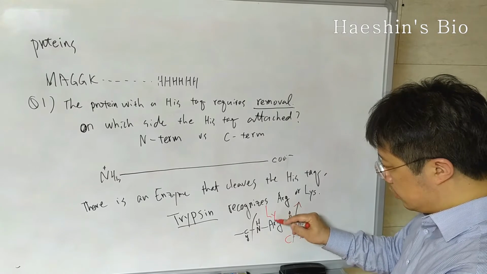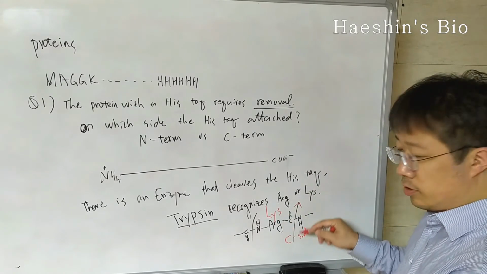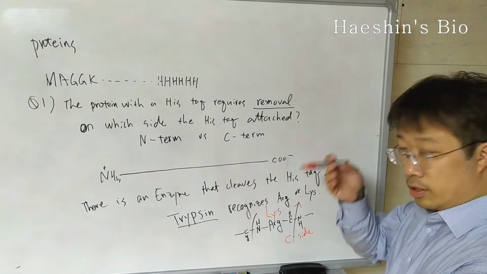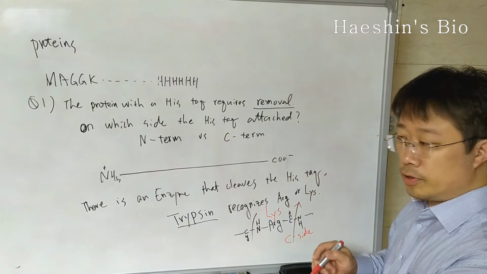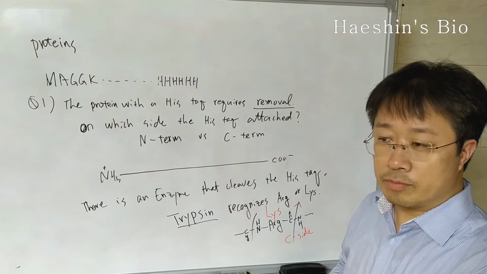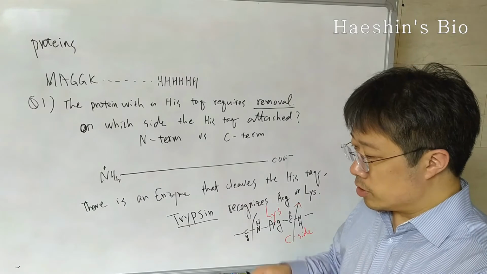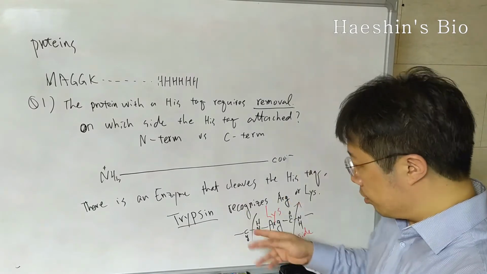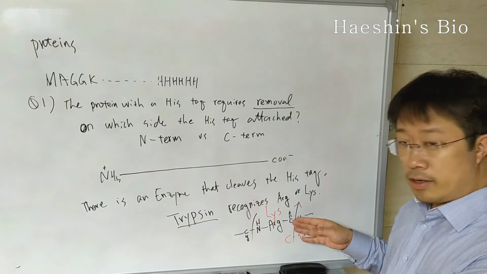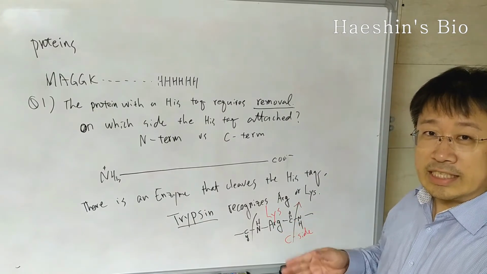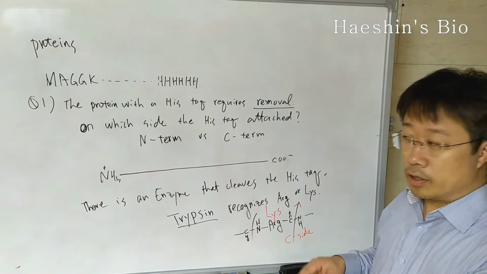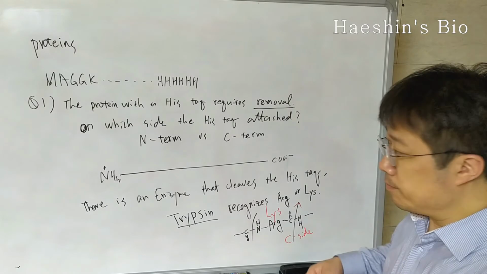We call it the C side, because it is in the C-terminus direction. Same for lysine: the C side of the amide bond is cleaved. So that is trypsin recognition and then cleavage. This is simply one example, but if you think about papain, another famous protease that cleaves proteins, they also recognize certain amino acids or certain peptides, and then they cleave. So C-side cleavage is very normal in these systems.